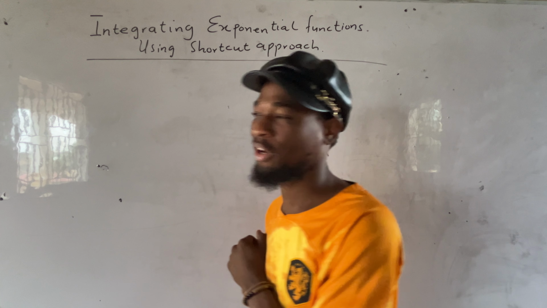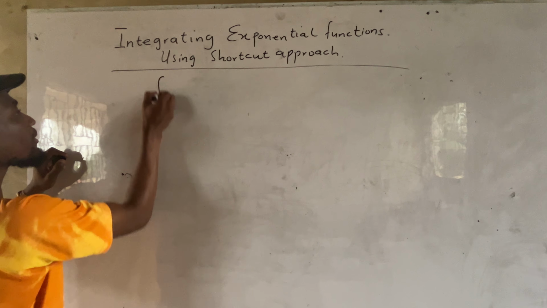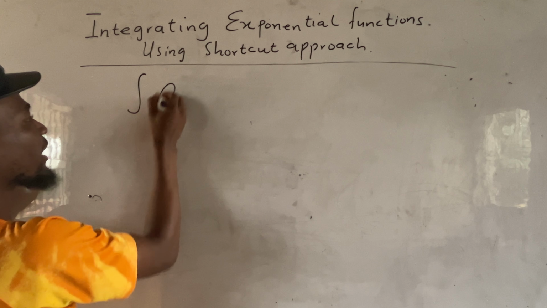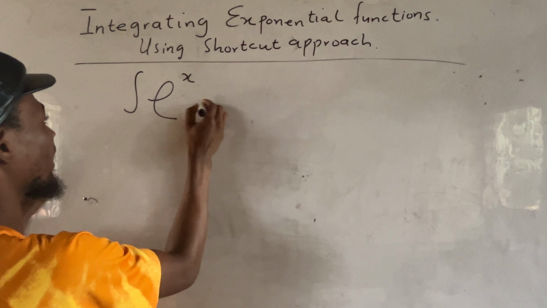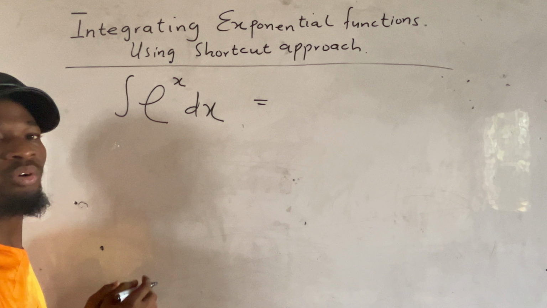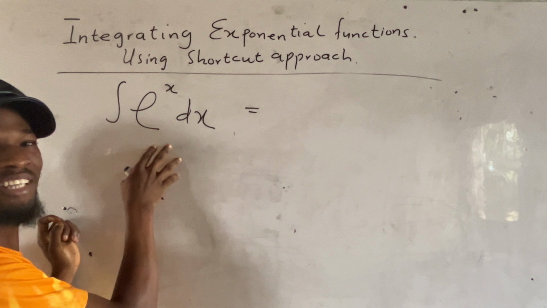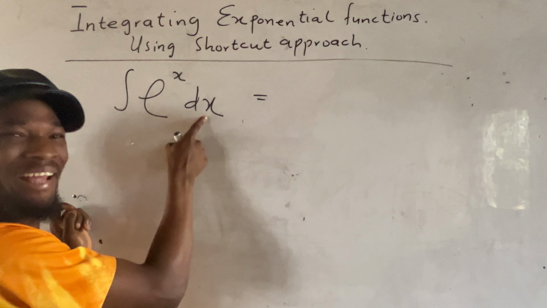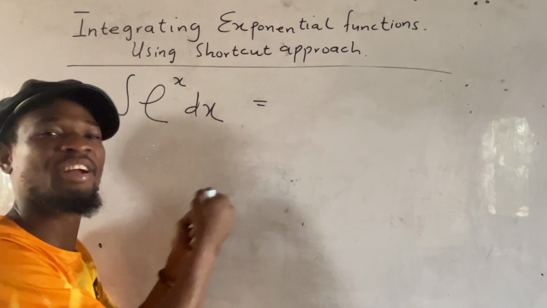Let's go straight to the point. Now, when you integrate exponential x with respect to x, whenever you integrate e to the power x with respect to x, the dx here simply means differential of x.